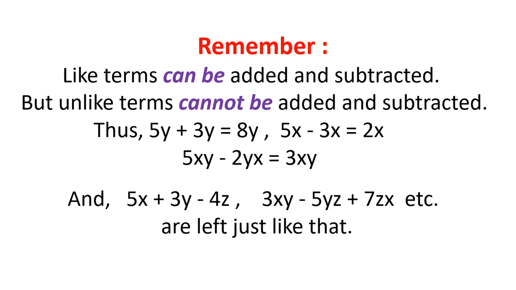Thus, 5y plus 3y is equal to 8y, 5x minus 3x is equal to 2x, 5xy minus 2yx is equal to 3xy. So they have been added and subtracted because they were like terms. And 5x plus 3y minus 4z, 3xy minus 5z minus 5yz plus 7zx, they are all unlike terms, so they cannot be added and subtracted, and they are left just like that.